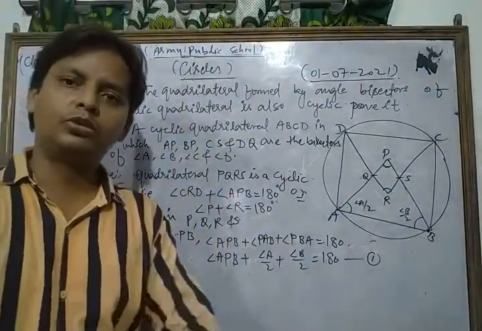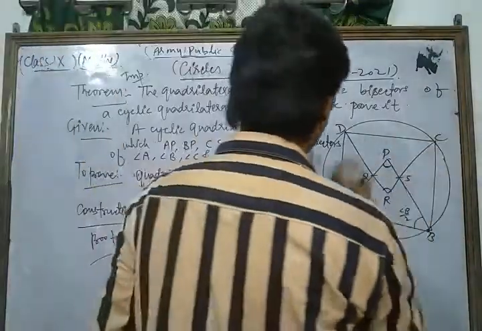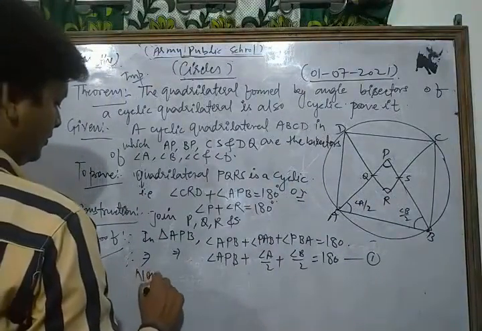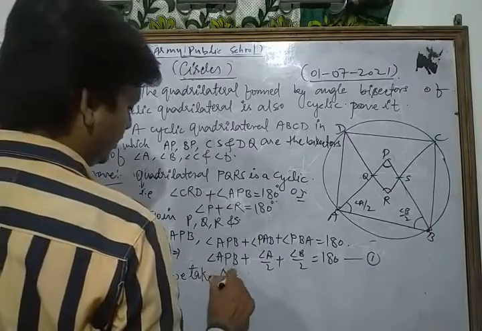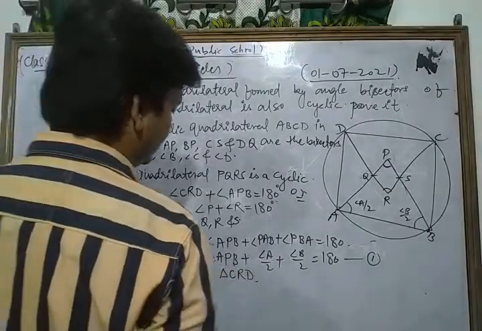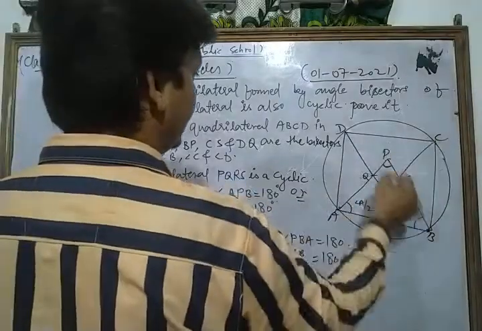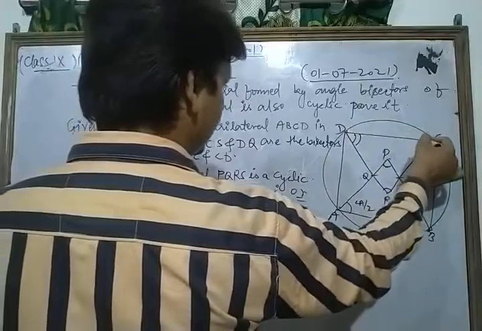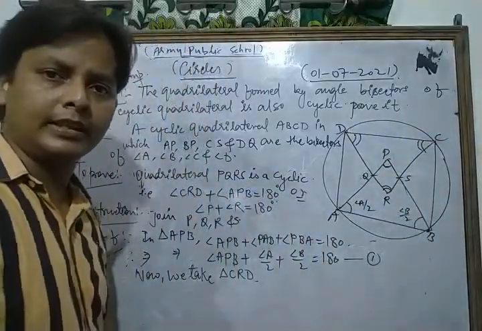Now dear friends, we take triangle CRD. Again we apply in triangle CRD, the sum of all these three angles is 180.